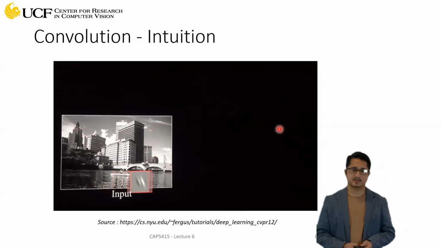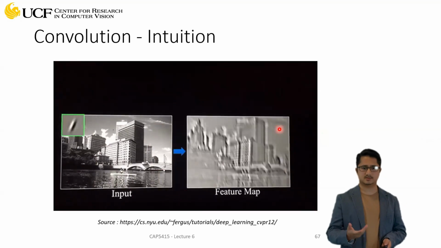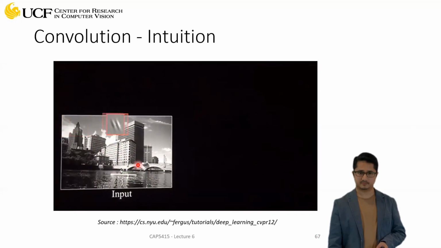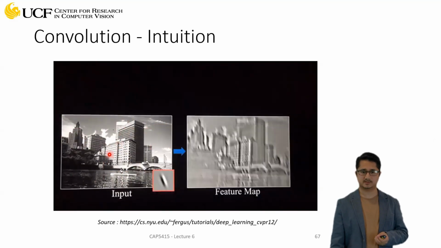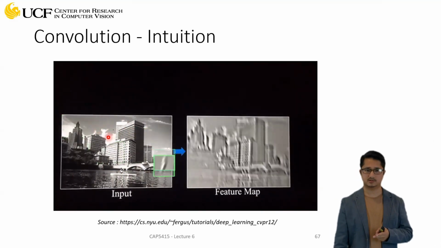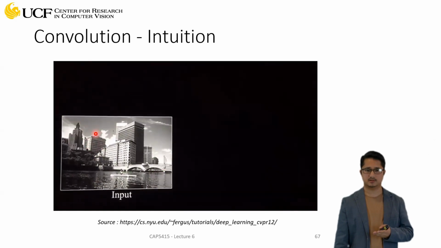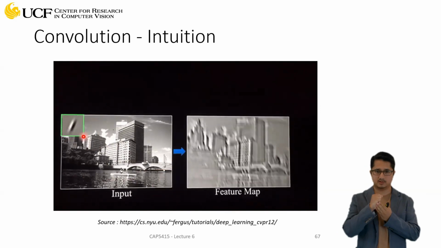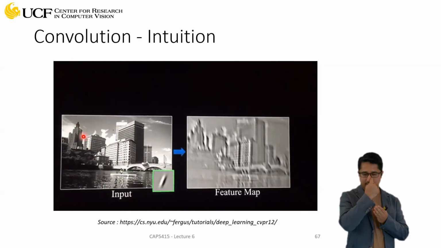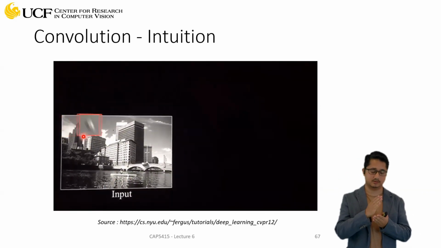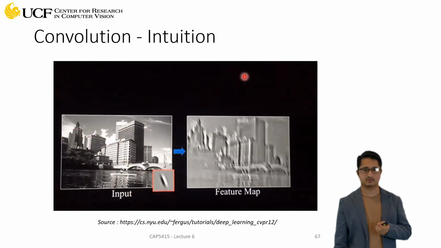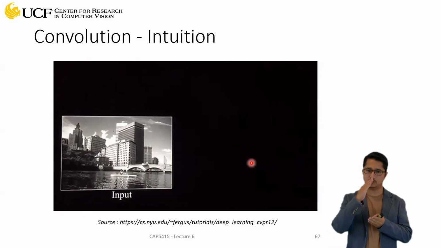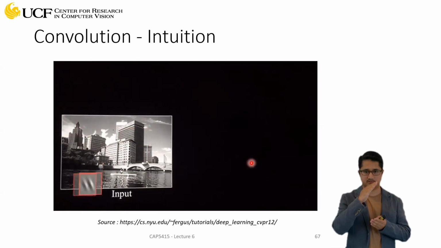So let's try to see that using a simple example. And again, this is something we have seen in edge detection. You will have your input image, and you will have a different set of kernels. In this case, I'm showing you 2 different kernels. The first kernel is, let's see, the red one, which is an edge slanting towards the left. So if we use that filter to convolve the input image, you can see you will get a feature map something like this, which is trying to find all the edges which are in this direction.